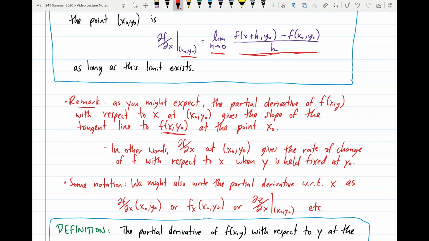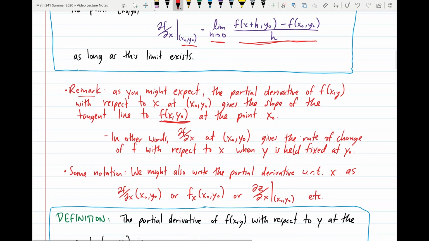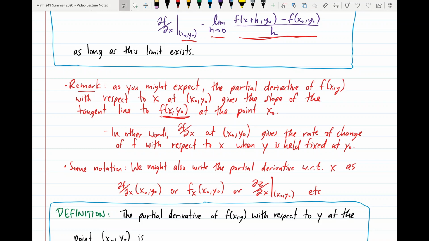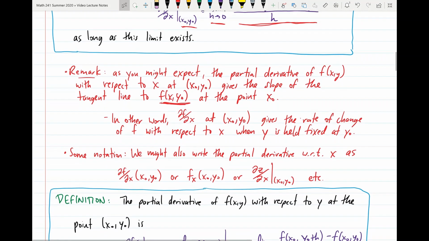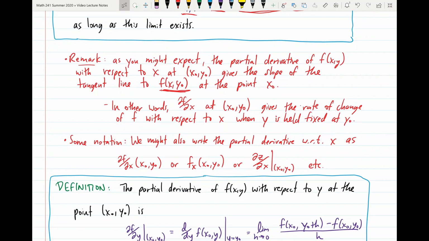Well, the partial derivative is going to do the same thing with respect to that curve that's kind of imprinted on the plane y equals y naught. It'll give us the slope of the tangent line if we're only looking at that curve in the plane. So in other words, the partial derivative of f with respect to x at x naught, y naught gives the rate of change of f with respect to x when we hold y fixed at y naught.